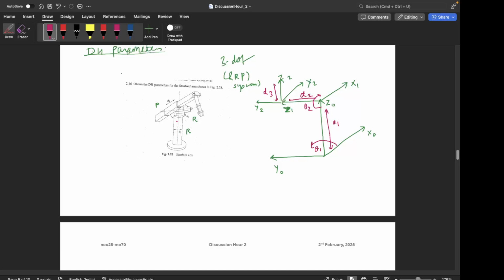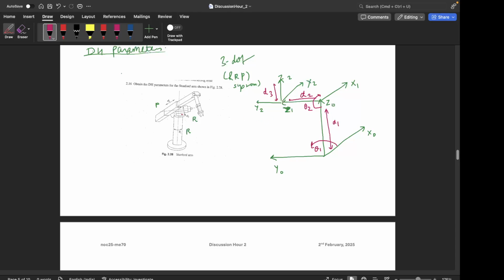So first, degree of freedom is a revolute joint, and that is theta 1 that rotates about the vertical axis. So that I have assigned as z0, that is theta 1 about which it rotates, right? And then the other link is at 90 degree.